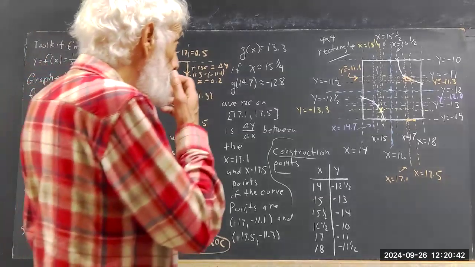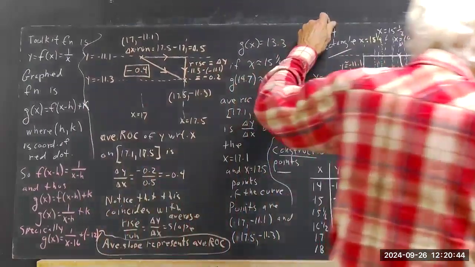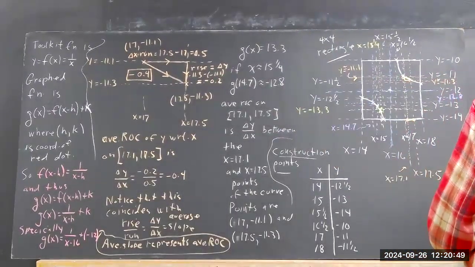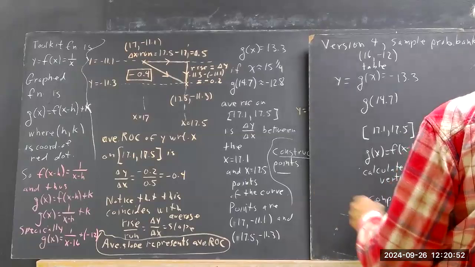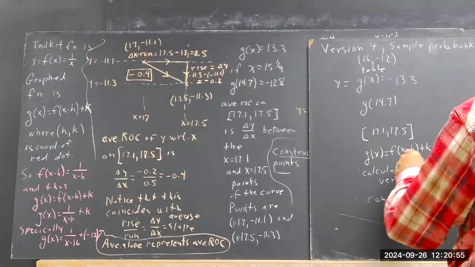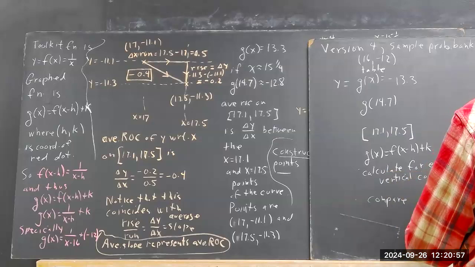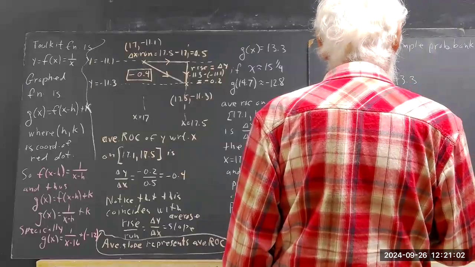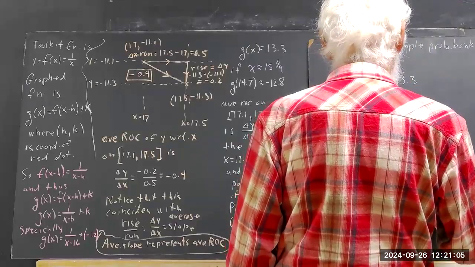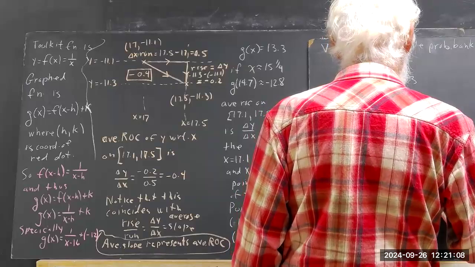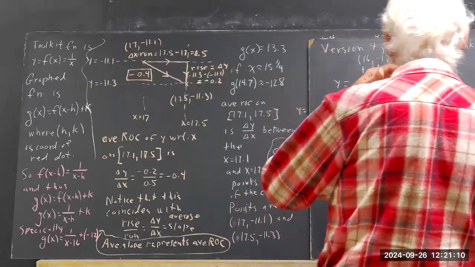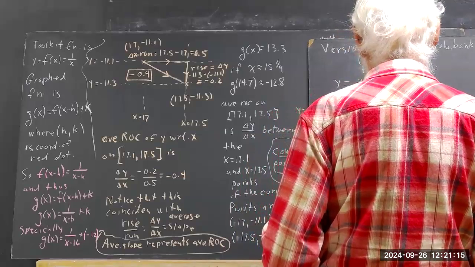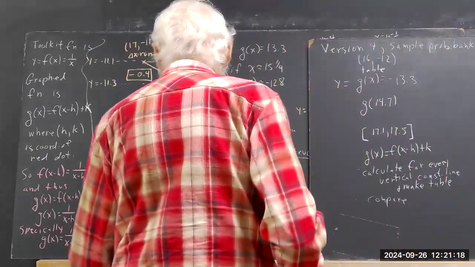All right, now we have a couple more questions to answer. The next question is, we want to calculate g of x equals f of x minus h for every vertical construction line and make a table. Now there's more to it. I didn't write out all the steps here.